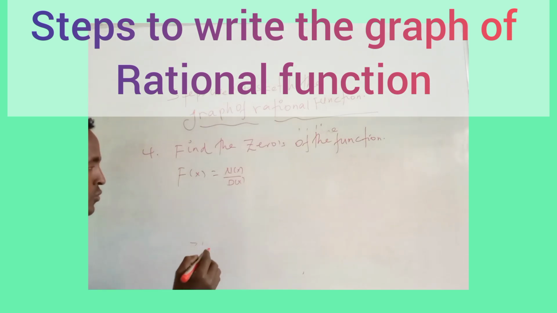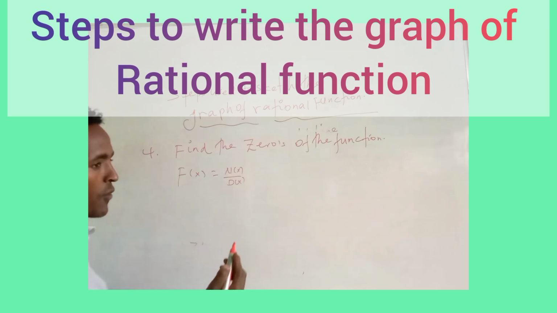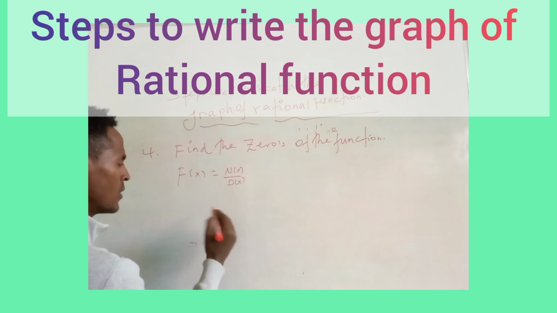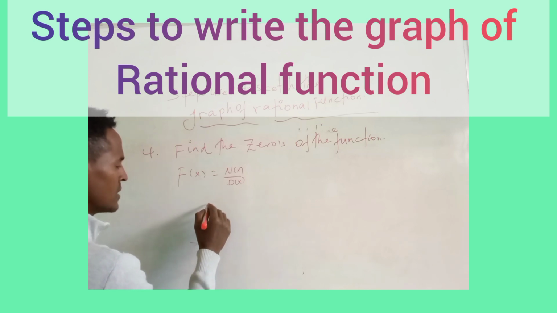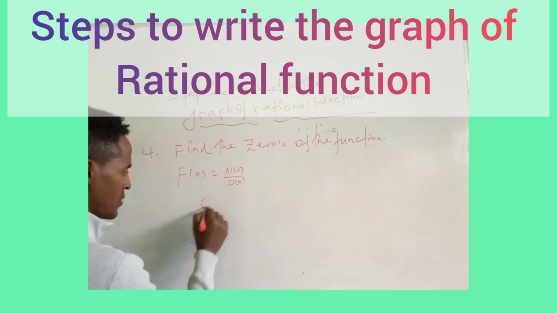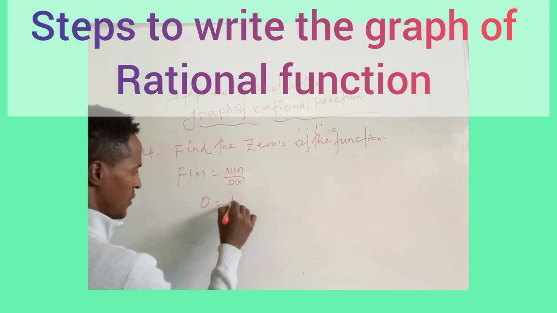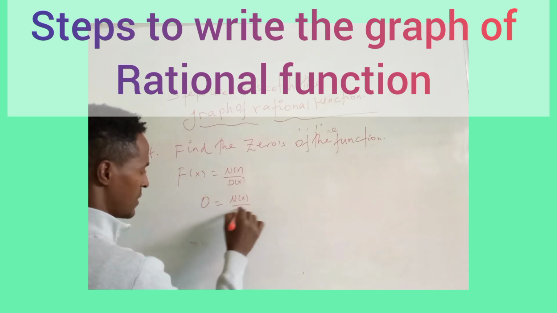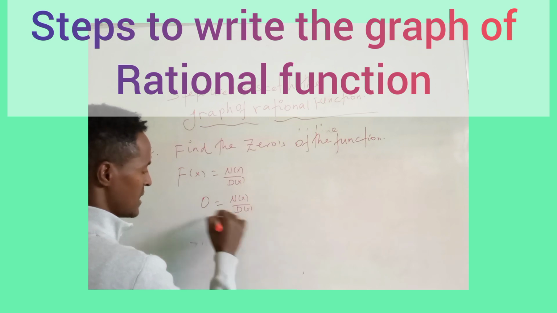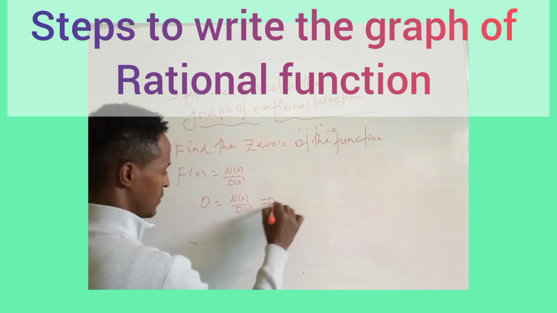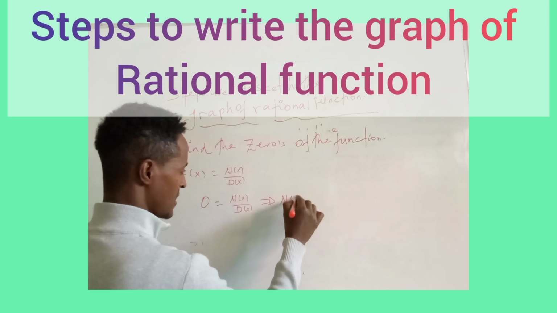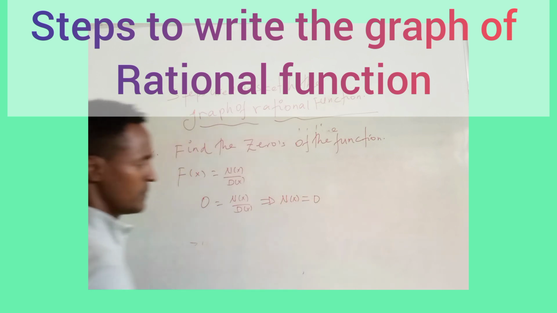The zero is obtained by letting f of x be 0. So let f of x equal 0, that is, 0 is equal to n of x over d of x. This leads us to n of x is equal to 0.